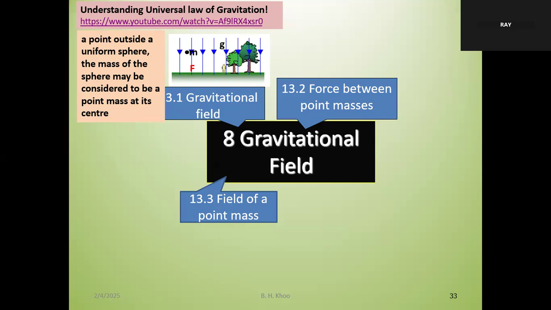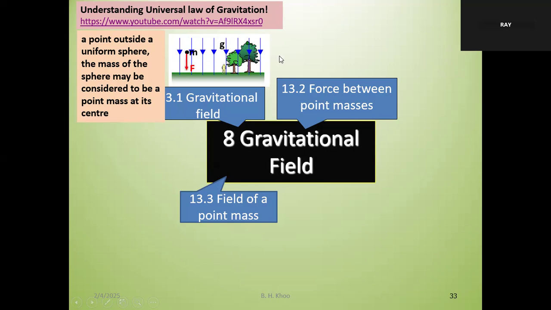And then we introduced the term field. Any body has a field around it. How do we measure the field? Like for the Earth, it has a gravitational field g. Near the surface of the Earth it is parallel because it's uniform. So we want to measure g. We find the mass using a top pan balance, and then find the force.